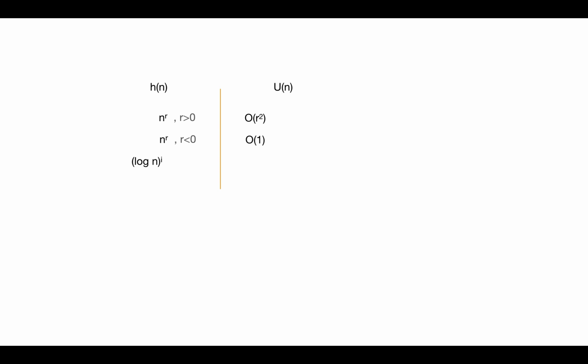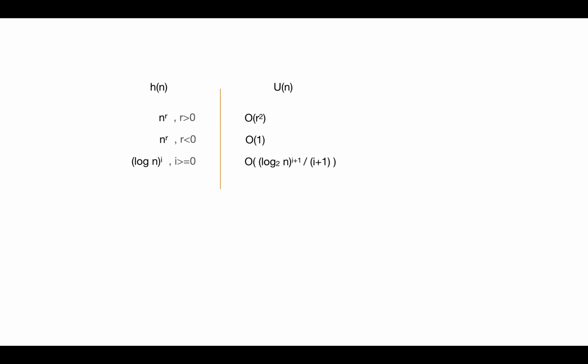And if the value of h(n) is (log n)^i, where i is greater than or equal to 0, then the value of u(n) is O((log_2 n)^(i+1) / (i+1)), where i is whatever number we get as the power of log n in h(n).